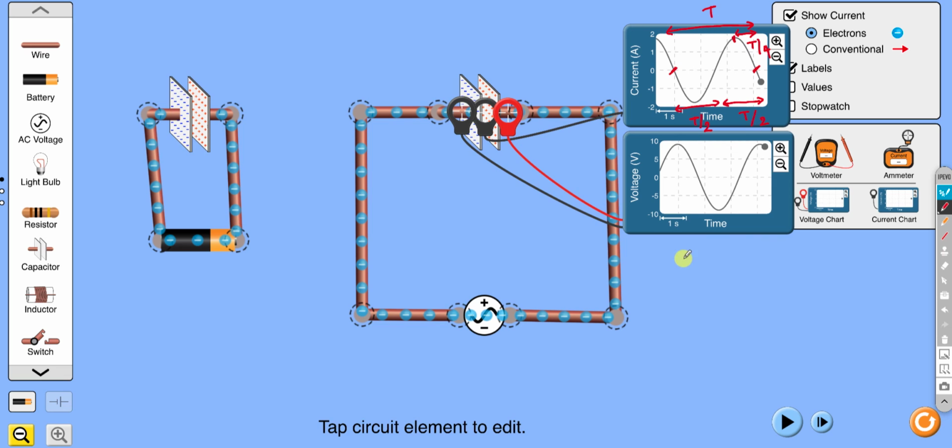One period corresponds to a phase difference of 2 pi, so half the period corresponds to a phase difference of pi, and 1/4 of the period corresponds to a phase difference of pi over 2. And that's why we say that for an ACC circuit, the current leads the potential difference with a phase difference of pi over 2. This is the terminology we use for ACC circuits.